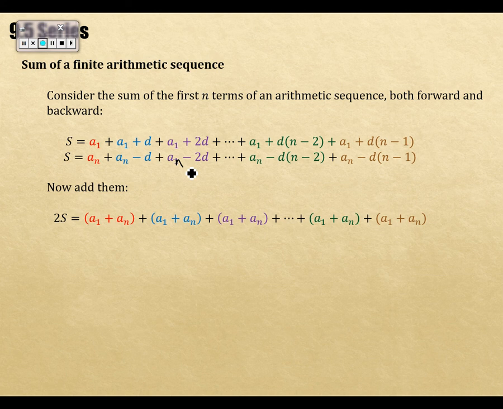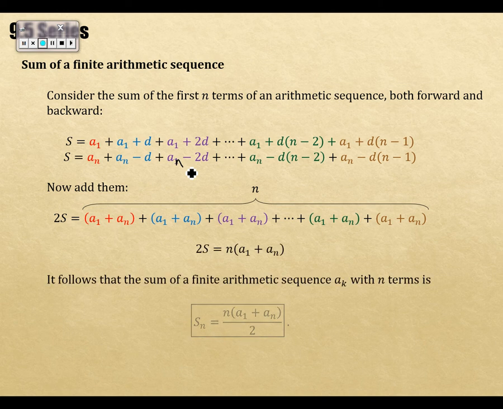And of course, let's not forget on the left side we have 2s. How many pairs do we have? How many pairs in this list? N of them, right? Because there were n things in this list up at the top. So that's n times a1 plus an.